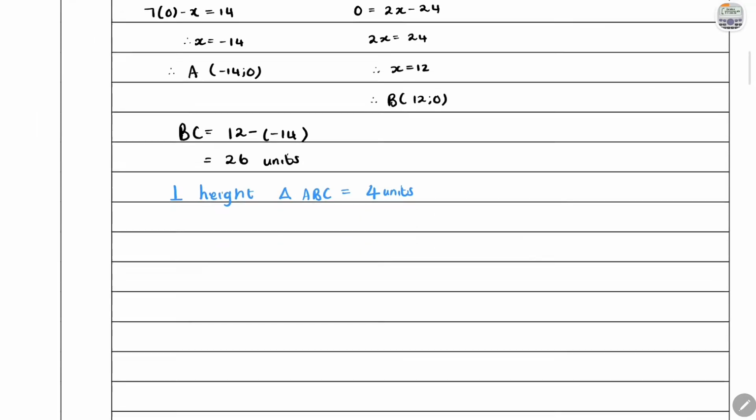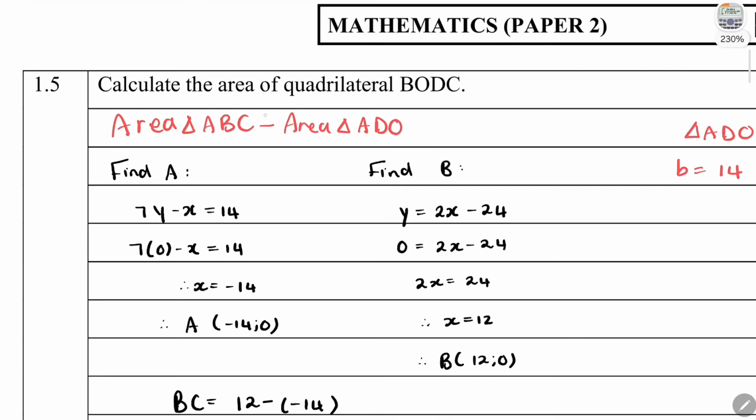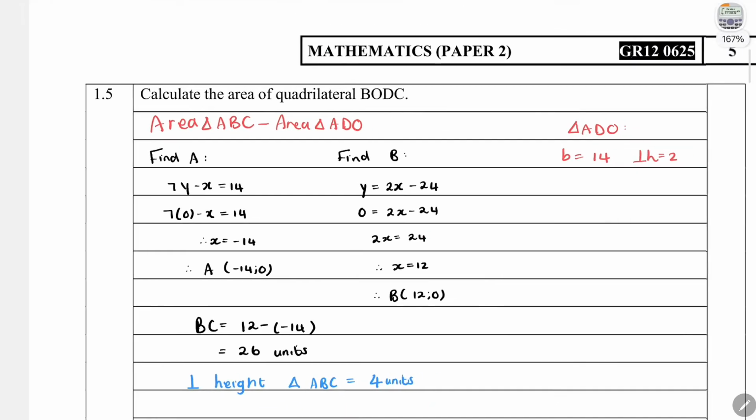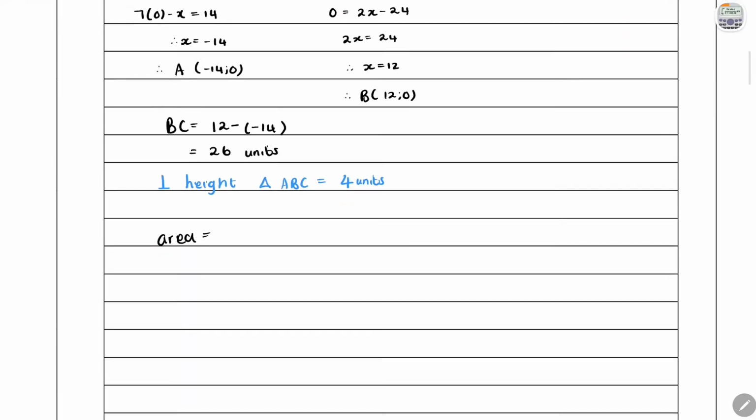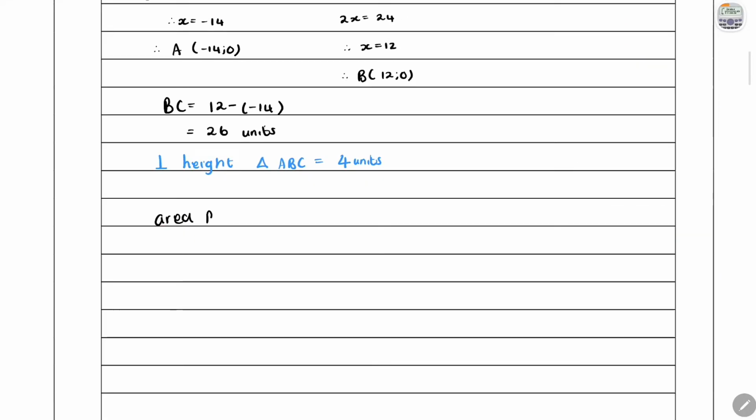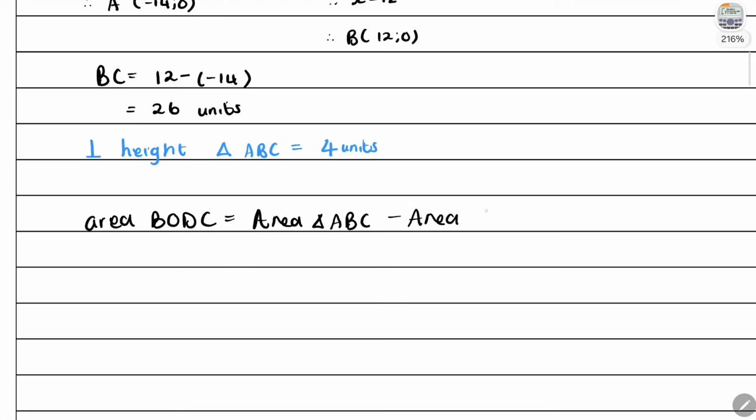So let's go. We're saying the area of triangle ABC, let's just put it as a whole. To find the area of this quadrilateral, they're referring to BODC. BODC, we simply say that this is equal to the area of triangle ABC minus the area of triangle ADO.